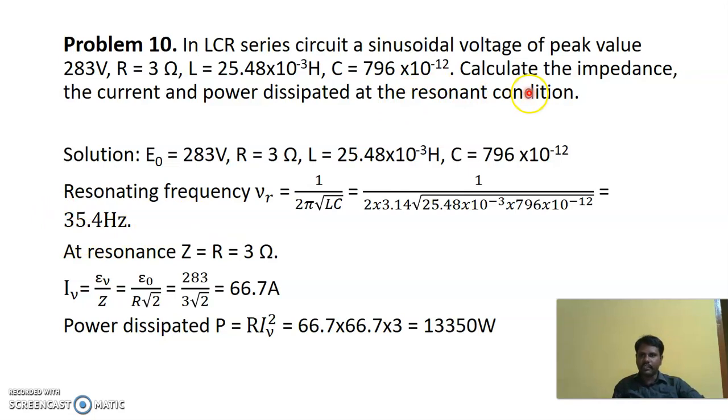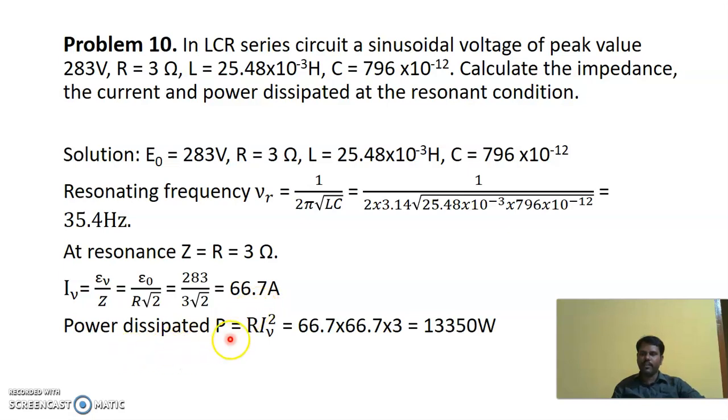At resonating condition, Z is equal to R. The impedance is found to be 3 ohm. The current I nu is equal to epsilon nu over Z. Epsilon nu is nothing but epsilon naught divided by root 2, over R. By substituting the value of epsilon naught and R, we obtain the current as 66.7 ampere.